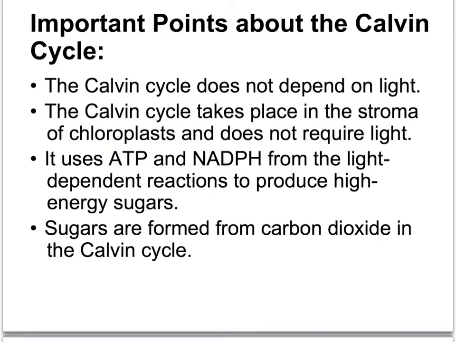All right, so some important parts of the Calvin cycle. Of course, the Calvin cycle does not depend on light, so it's called light independent. The Calvin cycle, remember, is taking place in the stroma of the chloroplast. The Calvin cycle is going to be using the ATP and the NADPH from the light-dependent reactions to produce high-energy sugars, glucose.